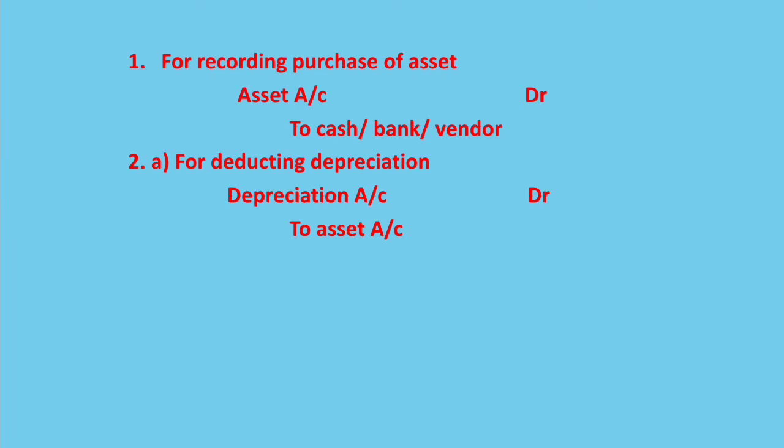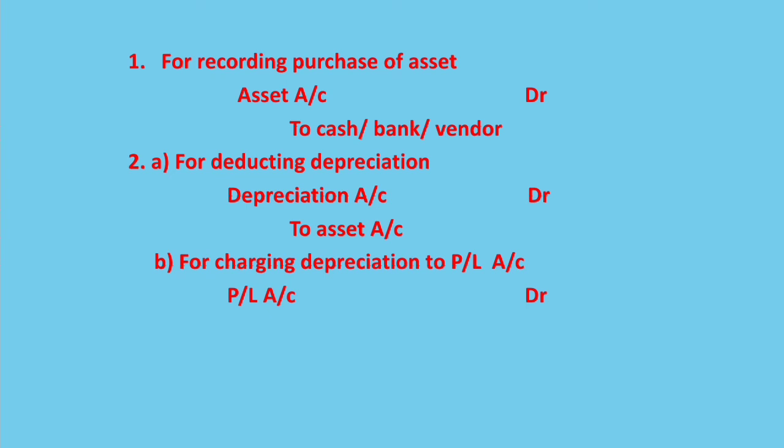Then, for charging depreciation to profit and loss account, we are transferring the debit balance of the depreciation account to the debit side of the profit and loss account. So, we can debit profit and loss account. And to close the debit balance of the depreciation account, we can credit the same account. So, to depreciation account. Then the entry: profit and loss account debtor to depreciation account.